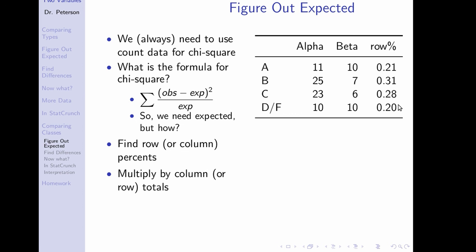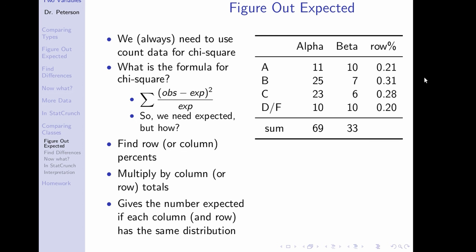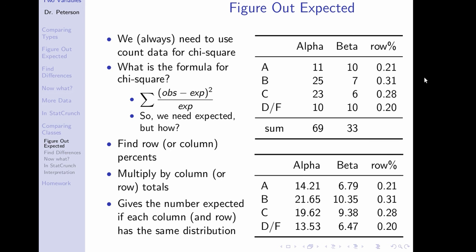We then multiply the row totals, so we take 69 Alpha students times 21%, or 0.21, and we get an expected number of students that would have gotten A's in that class. We do all of that multiplication, and we show that we expect 14 A's in Professor Alpha's class and 6.7 A's in Professor Beta's class.